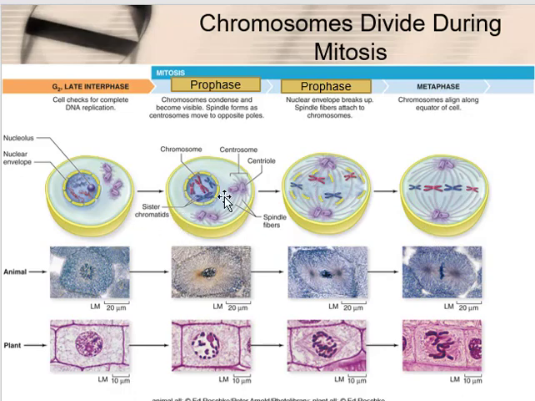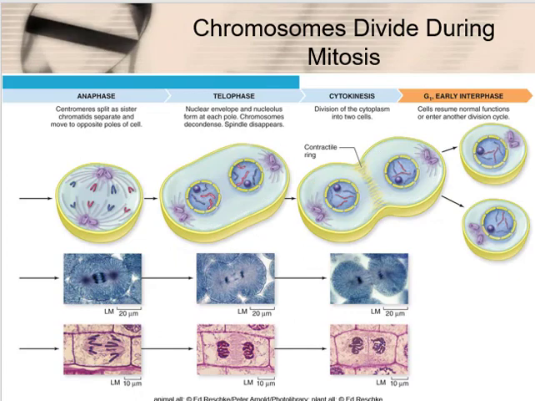Now, in metaphase, they all line up in the center. You have these little centrioles down here, and these are spindle fibers, and they attach to each side. So this cell has two pairs of chromosomes, and so 4 chromosomes will go to this end, 4 of these chromosomes will go to that end.